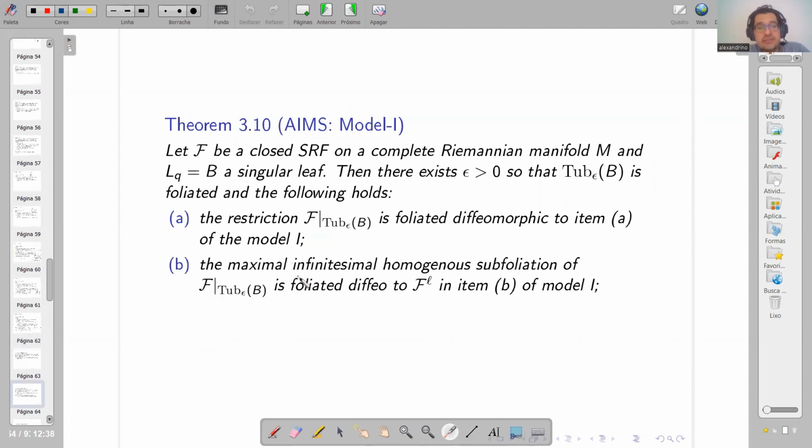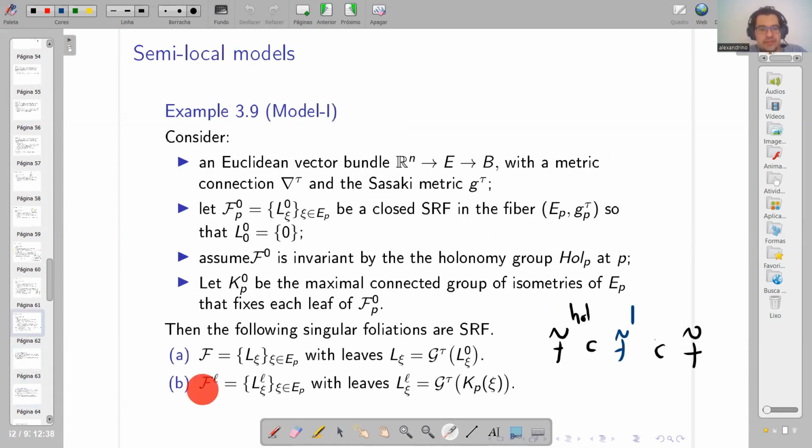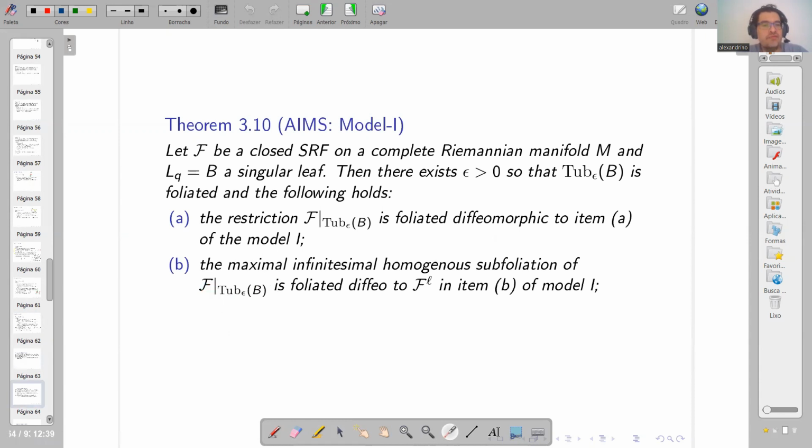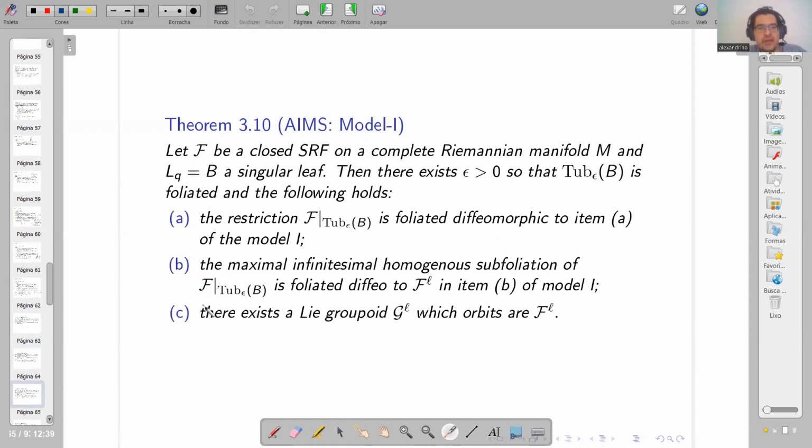And the second thing that is interesting, there is a maximal infinitesimal homogeneous subfoliation inside your foliation, this FL. And this guy comes from item B of our model. This guy is this guy, okay? So you rotate and translate. And this guy is somehow very, very important, for several reasons; we will see this today.